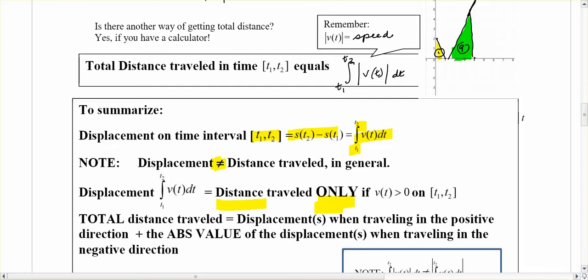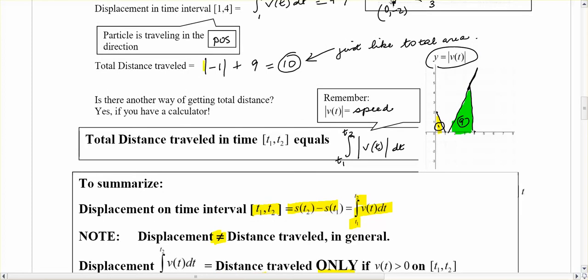If you are below the t-axis, then most certainly this displacement will not be the distance traveled. To get total distance traveled, it's going to be the displacements when traveling in the positive direction plus the absolute value of any displacements when traveling in the negative direction, like we did up here.